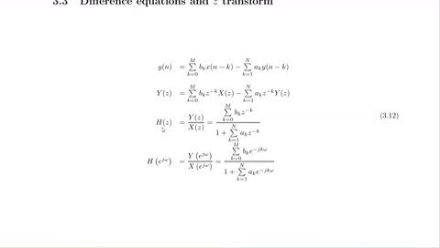H of z will be equal to y of z over x of z, and it will be equal to the summation related to the input terms over 1 plus terms related to the output or feedback parts. These parts are feed forward, these parts are called feedback.